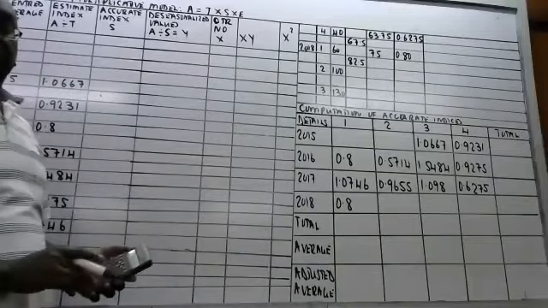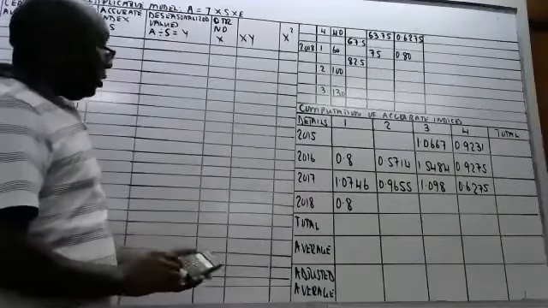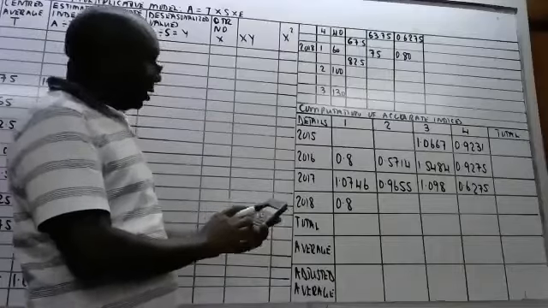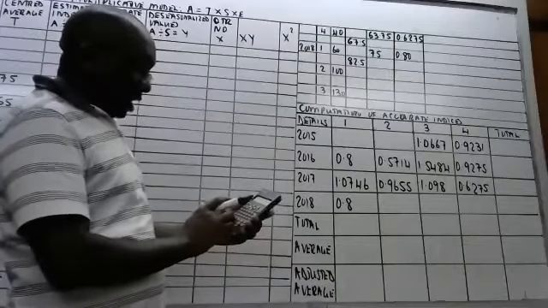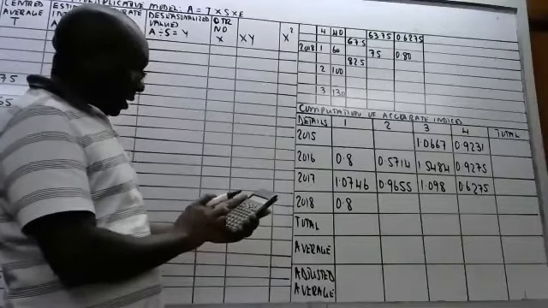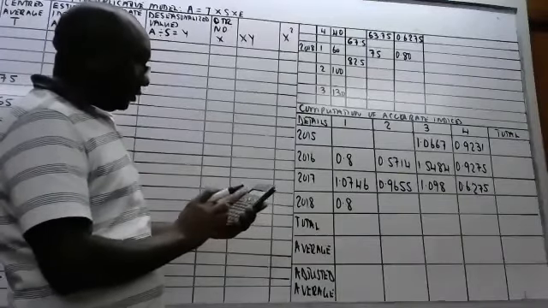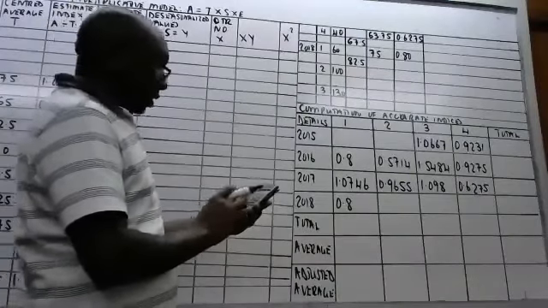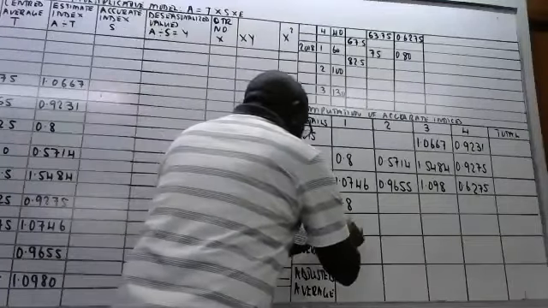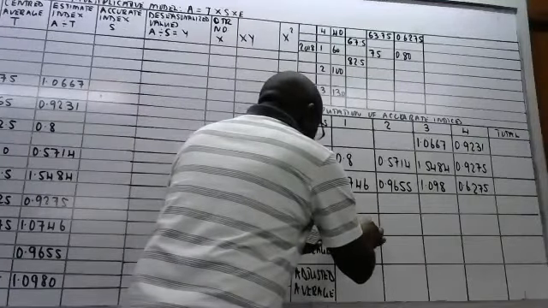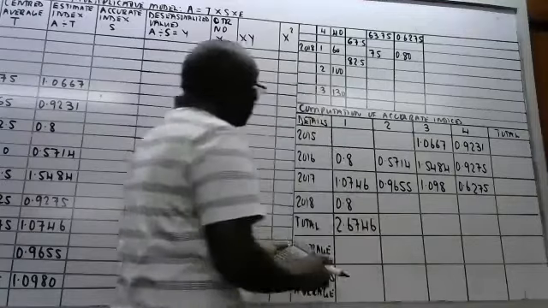So what you do from there, you get the totals. So 0.8 plus 0.8 plus 1.0746. I'm getting 2.6746.